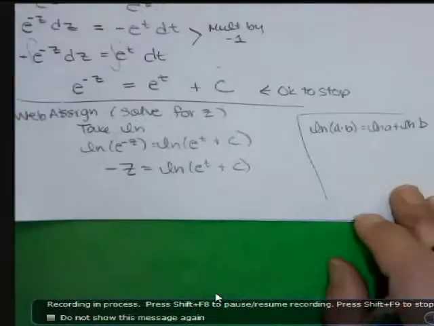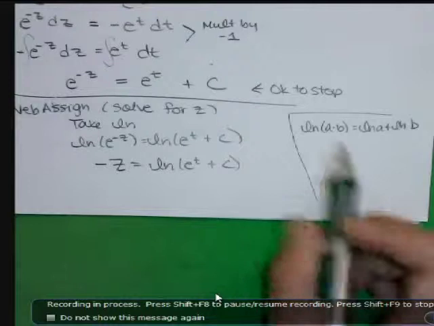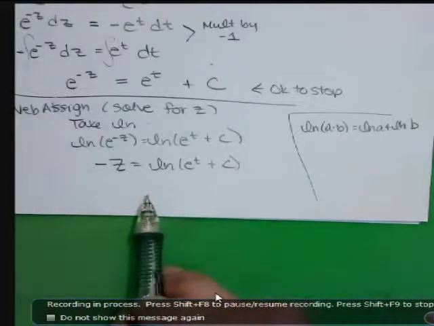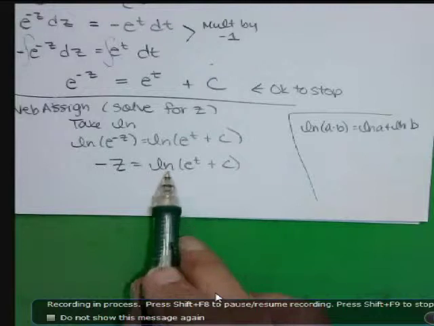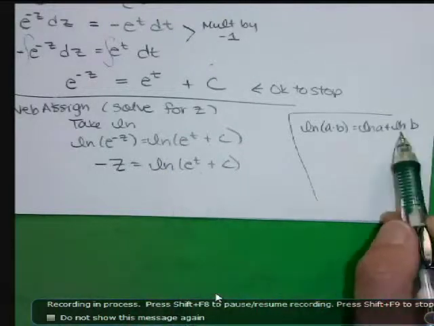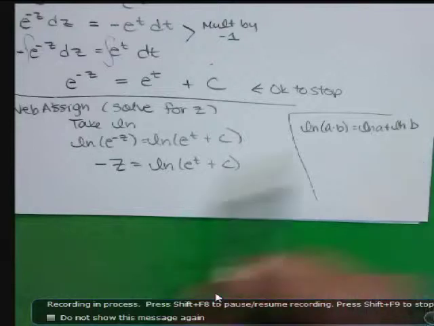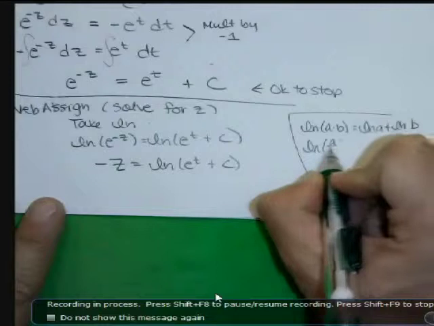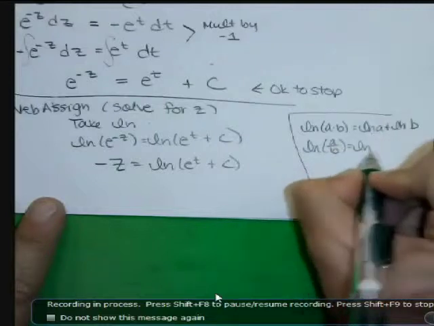Does that apply here? Do I have the sum of two logs? No, I have the log of a sum. If it was the sum of two logs, you can rewrite it, but not the log of a sum. And then we have ln of a over b equals ln of a minus ln of b.